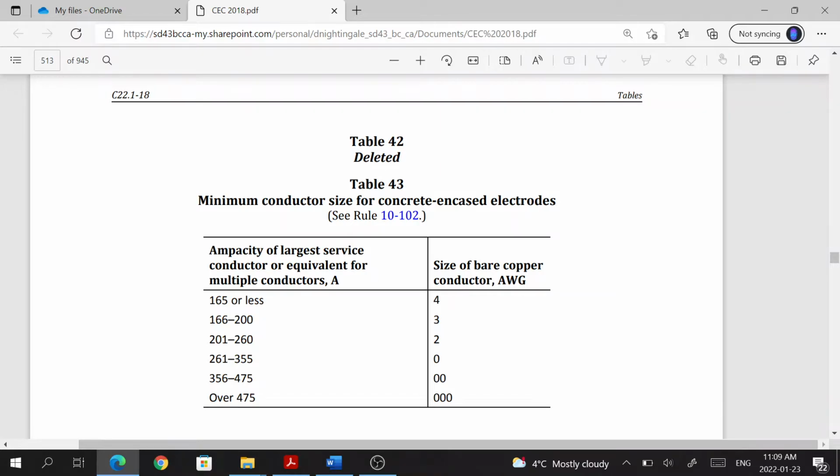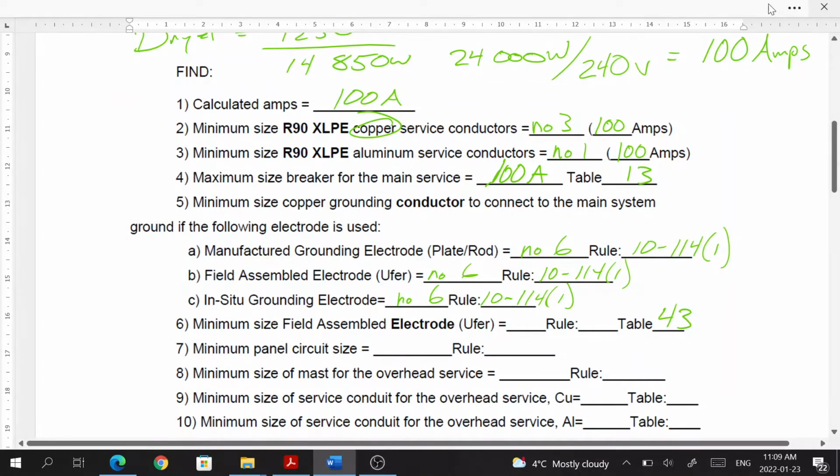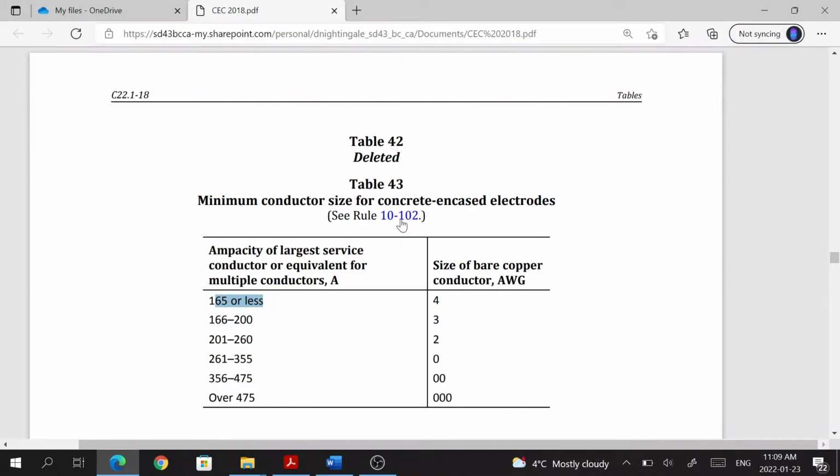Ampacity of largest service conductor, or equivalent, so that's going to be 100. So here, 165 or less, we're going to need a number 4 copper UFER. So number 4. And that rule is going to be 10-102.